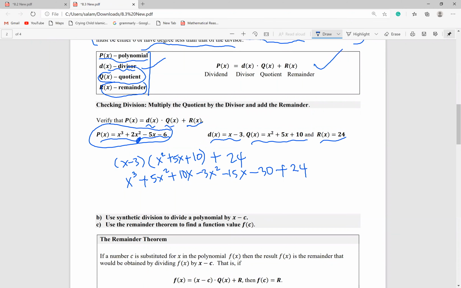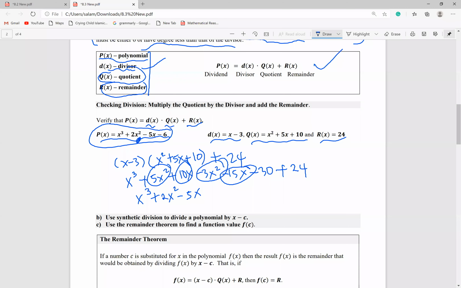Okay, so let's collect like terms. We cannot pair x cubed with anything, so I'll just bring x cubed down. Then we have 5x squared minus 3x squared, which gives us 2x squared. After that, we have 10x minus 15x, which gives us negative 5x.